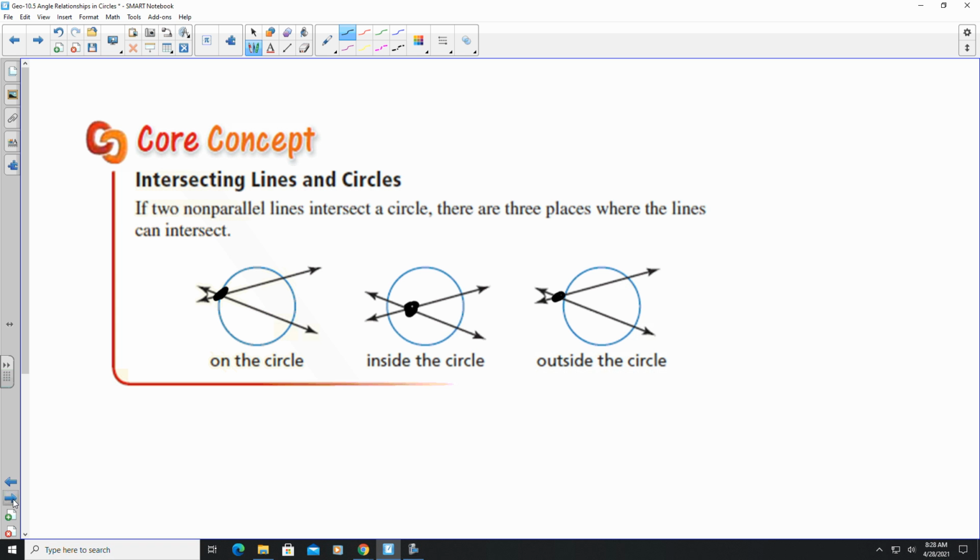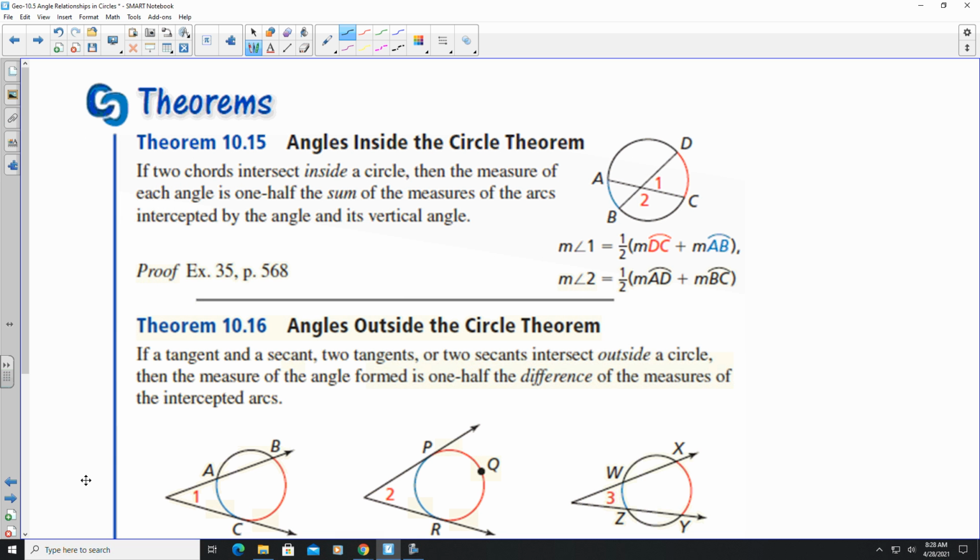Depending on what kind of intersection you have, we can use different theorems in order to solve problems with respect to either arc measure or angle measure.